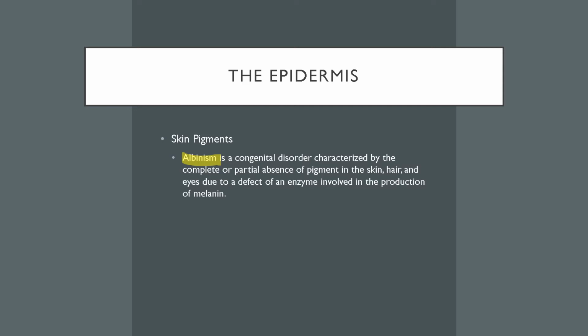Because of this, melanin is missing from their hair, even their eyes and their skin. One other thing with albinism is that it results in problems with vision and also a tendency for the skin to burn very easily.